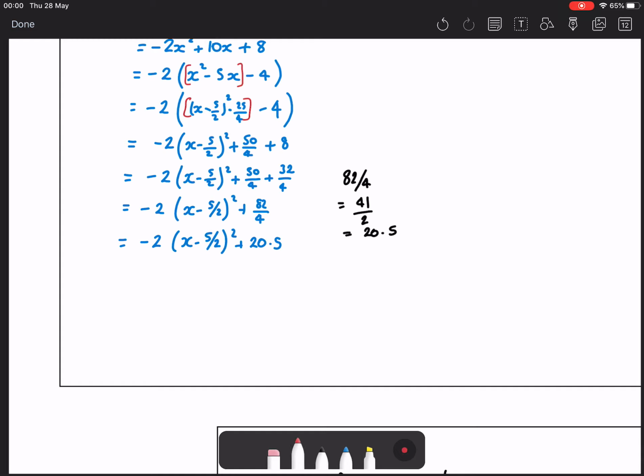And from there, that minus x squared is going to tell us it is a max turning point at, solving the bracket 5 over 2, so x is equal to 5 over 2.